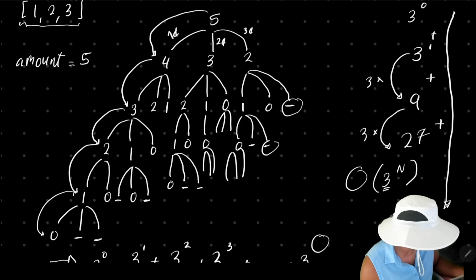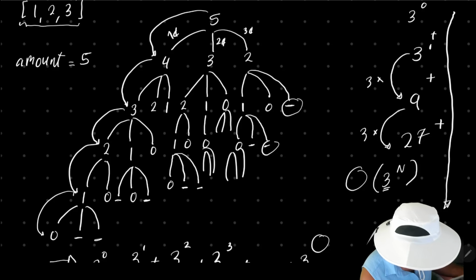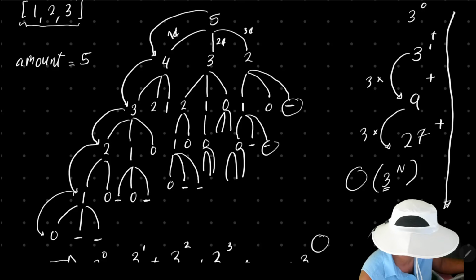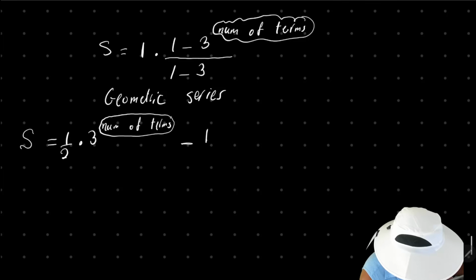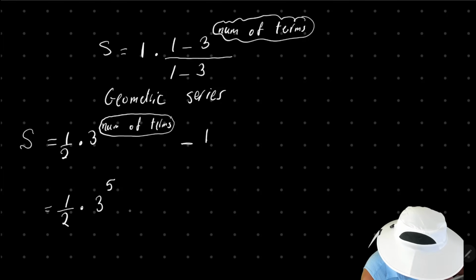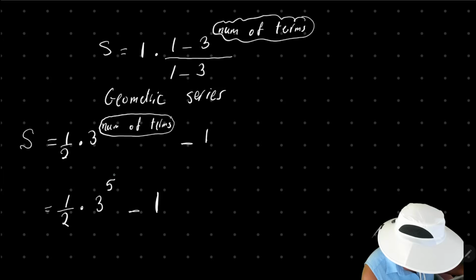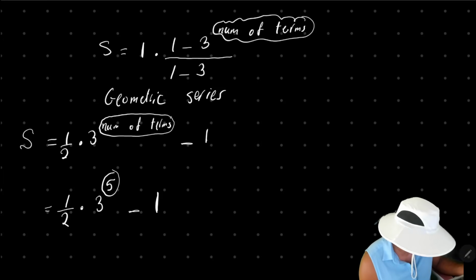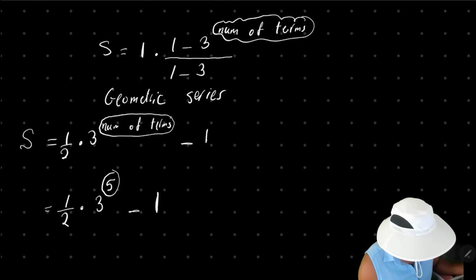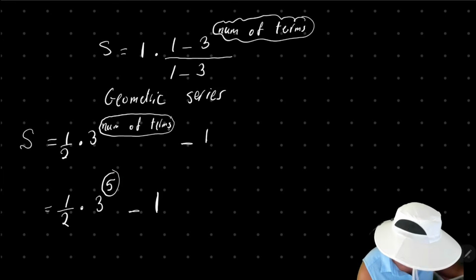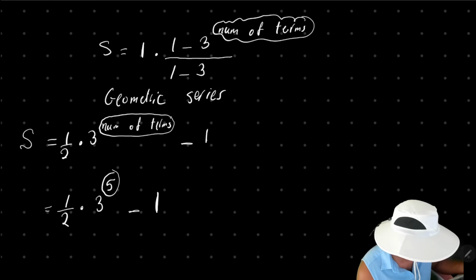So I have 5 different terms, because I have 5 different layers, 5 different levels. So in that case, it will be 1/2 times 3 power 5 minus 1. But if this was 100, that would have been 100. And it also depends on what coin denominations we're using, but the point is the number of terms is directly proportional to the value or the amount that we're building.